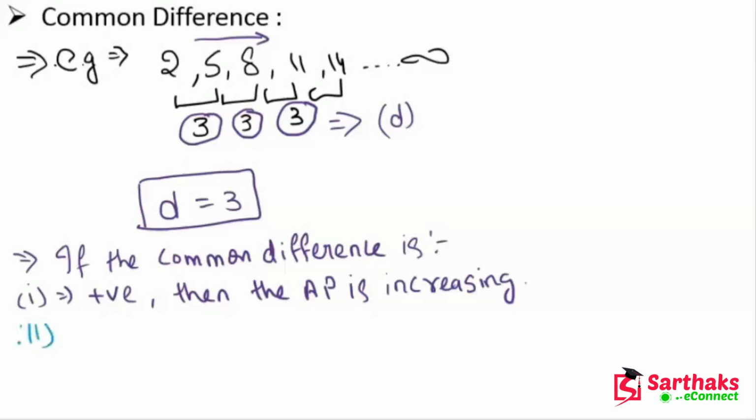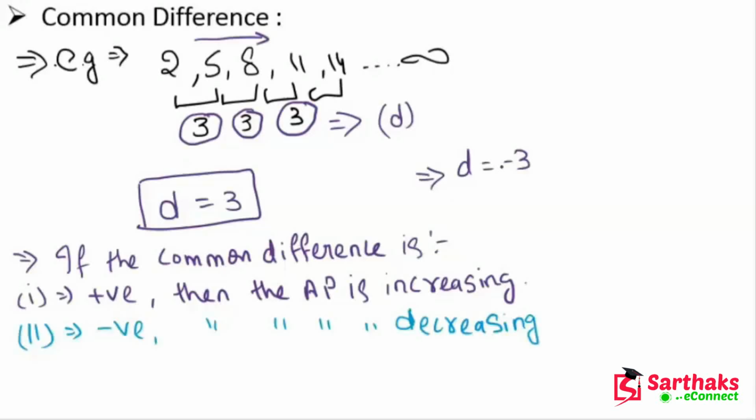Now the second case is, if the common difference is negative, then the AP is decreasing. Let's take an example. Let's suppose we have d is -3.